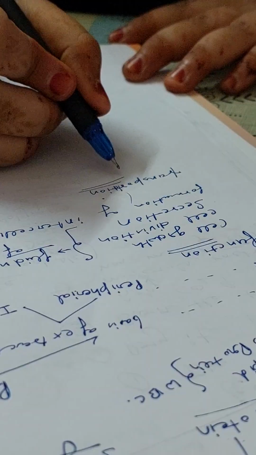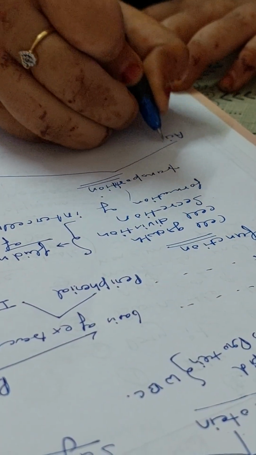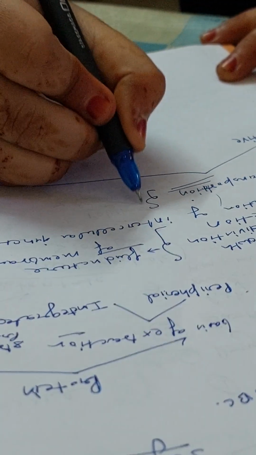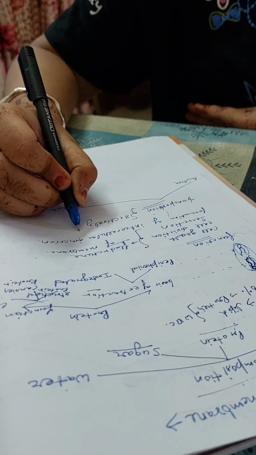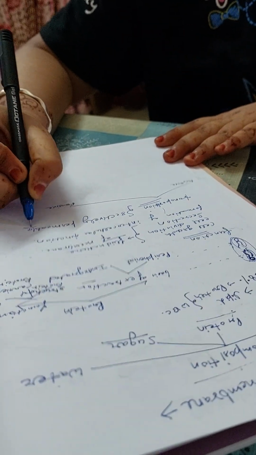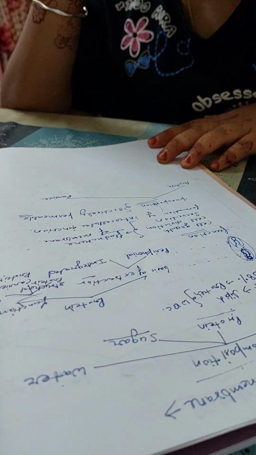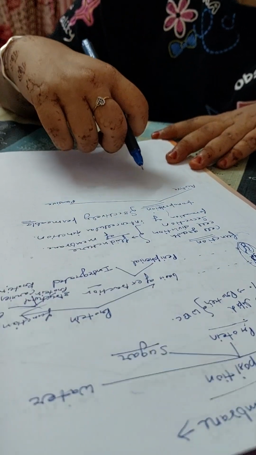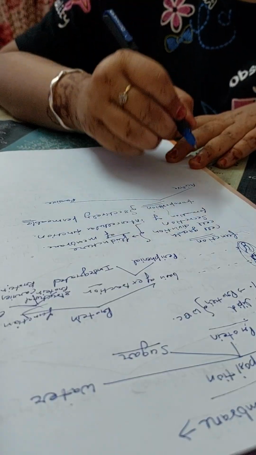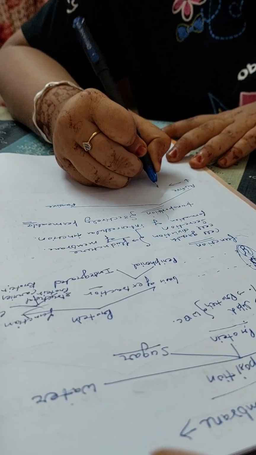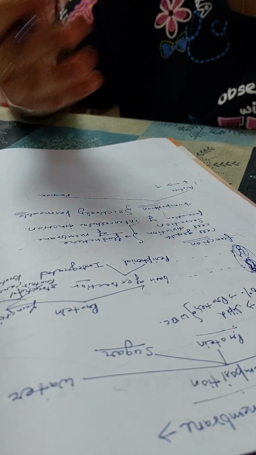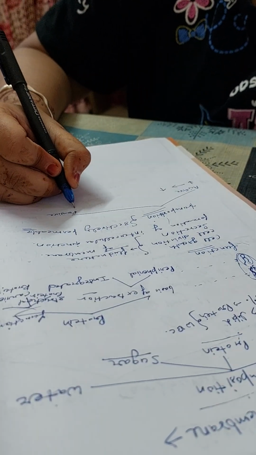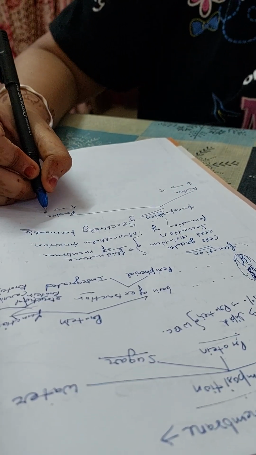It is divided into two: active transport and passive transport, because the cell membrane is selectively permeable. Active transport is the movement from lower concentration to higher concentration, and passive transport is the movement from higher concentration to lower concentration.